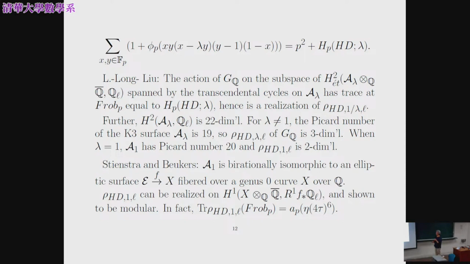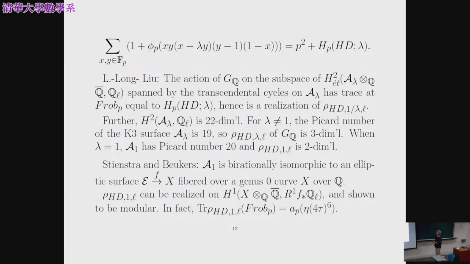Okay. So then this particular representation at 1 can be realized on the H1 of this curve with a fancier sheaf coming from the constant sheaf on the elliptic surface and pushing down.